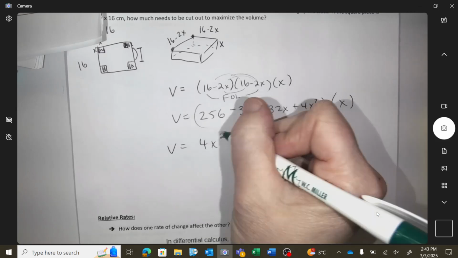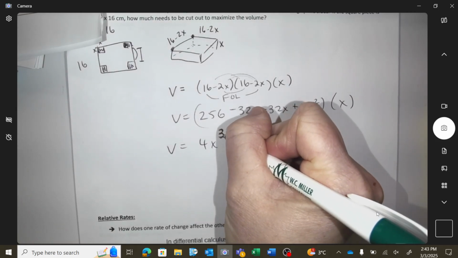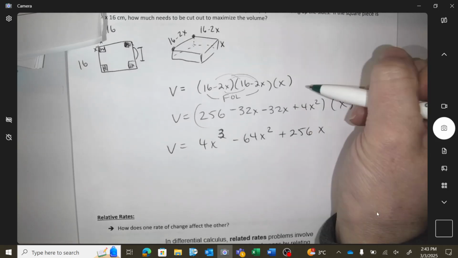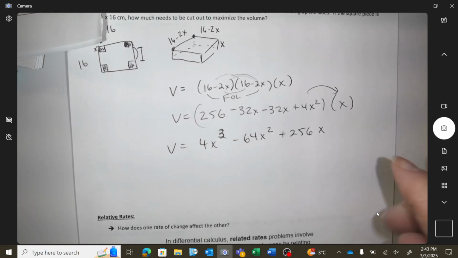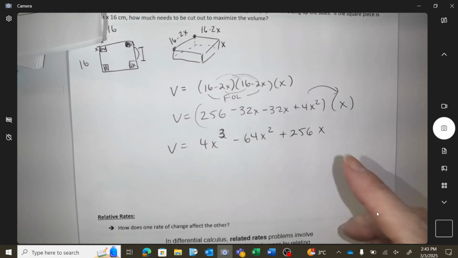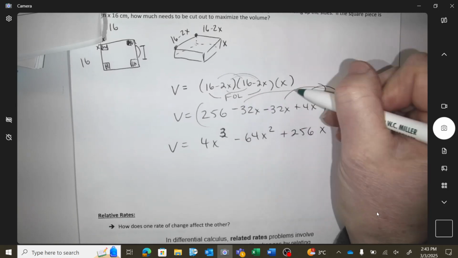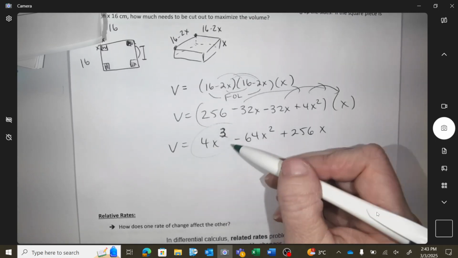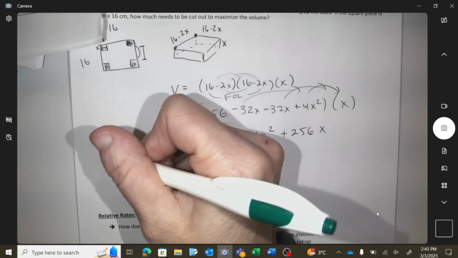Whoops, there's a cube there, isn't there? FOIL, but then after, right? Now I distribute that x yet. Did everybody get to the same end as me there with the volume? Okay, what do you know about this? It's an n.